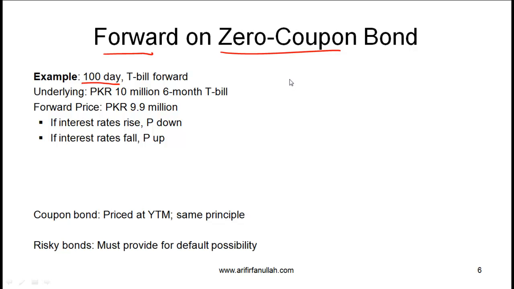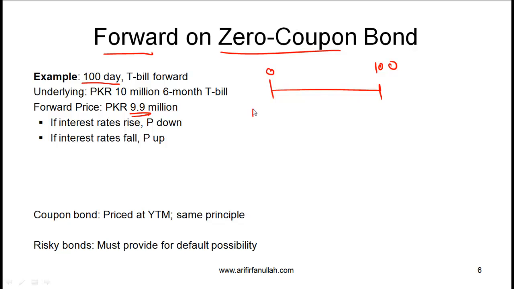Notice that when we talk about forward contracts on T-bills or bonds of any sort, clearly the forward contract duration needs to be less than the maturity period of the bond. So we are covered here because the contract period is 100 days. This contract is saying that the long is committing to buy 10 million worth of a 6-month T-bill at a price of 9.9 million.